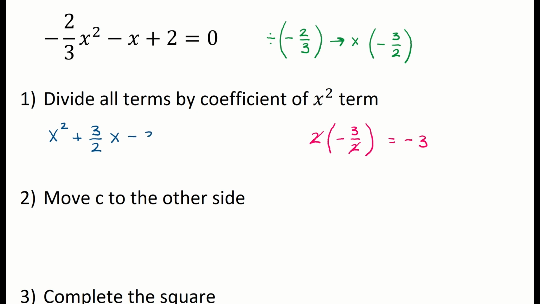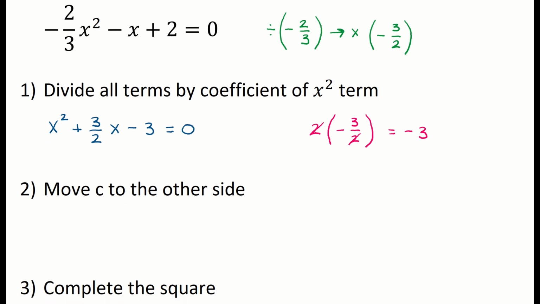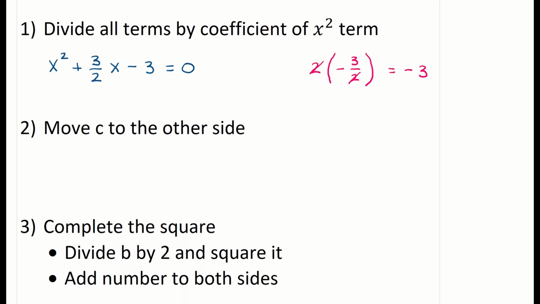So our c term ends up being a negative 3. Then we can go ahead and move that negative 3 to the other side by adding 3 to both sides, which is going to turn this into x squared plus 3 over 2 x is equal to positive 3.